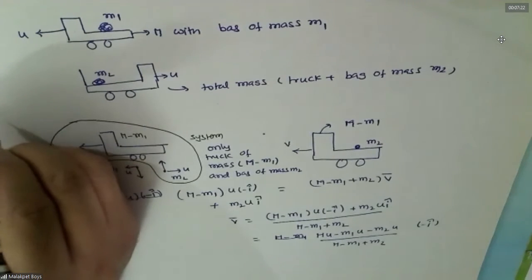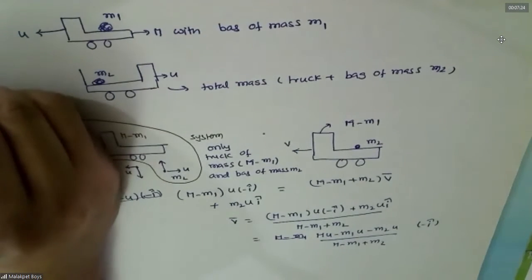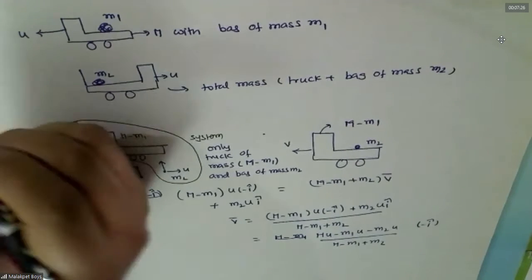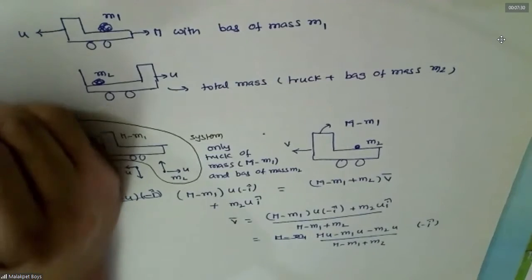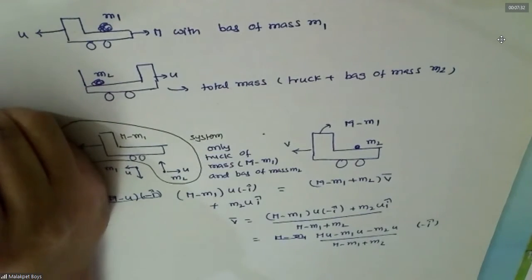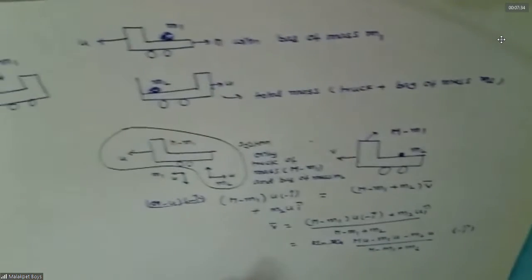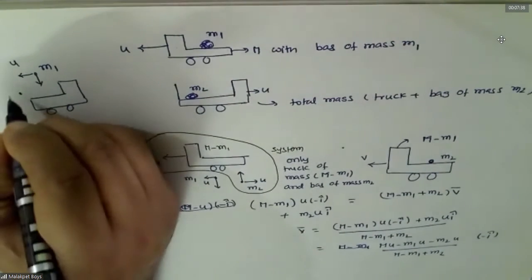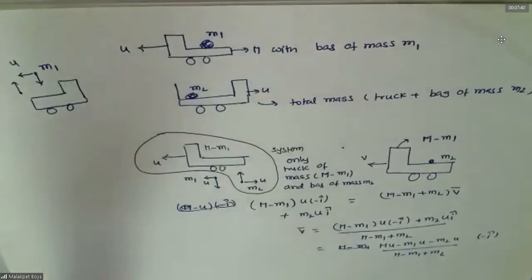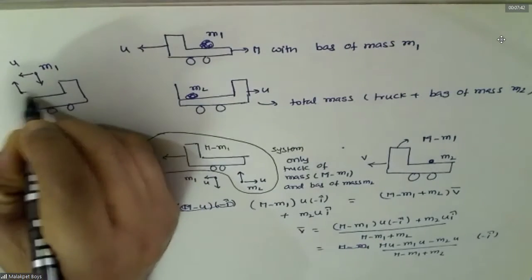Now into this, it is getting what? M1 is moving with this. And from this, this is going away. What is going away? M2.